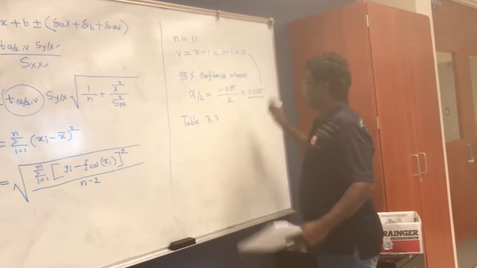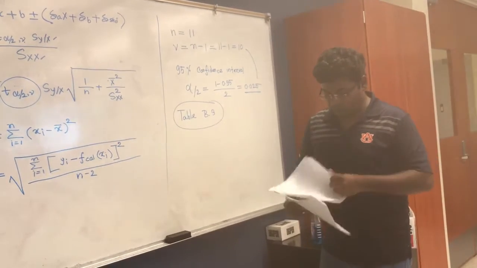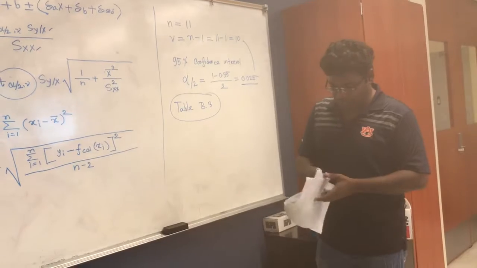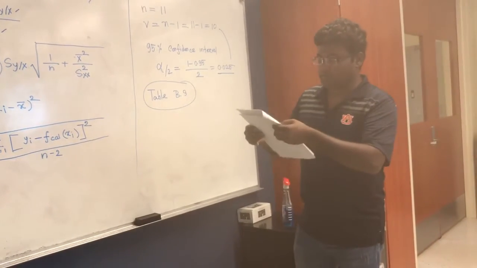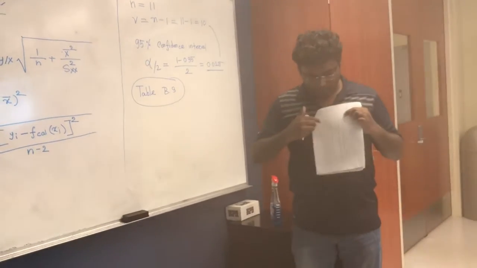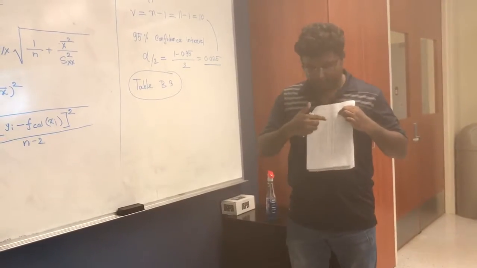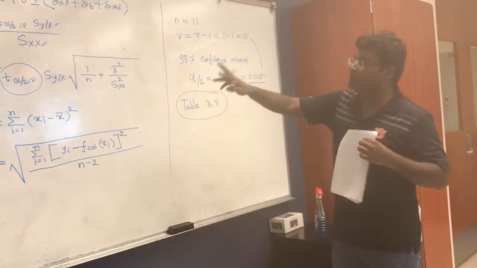So for these two numbers, from table B3, there is another distribution table. From this table, for the value of v and t alpha by 2, you will get the value of the whole term.